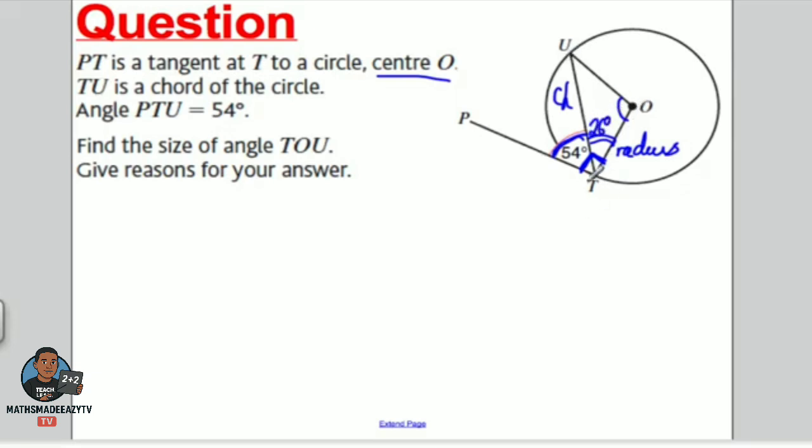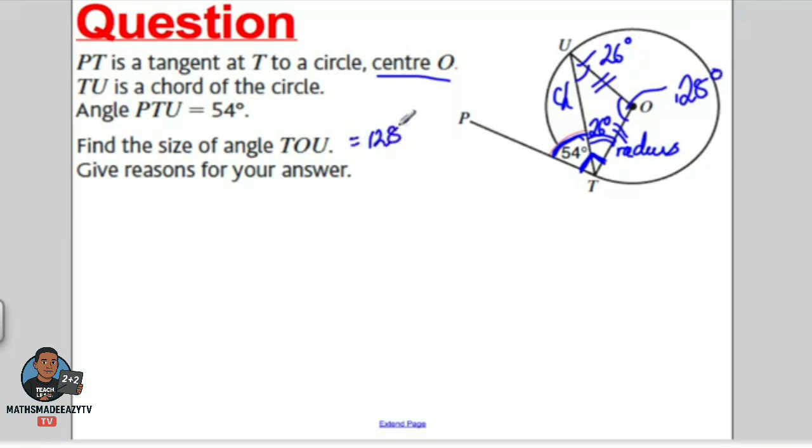So here is a triangle made of two radii and the two base angles must be equal. So this one will also be 26 degrees. And to get the angle at O, we do 180 minus 26 minus 26 and it will give us 128 degrees.